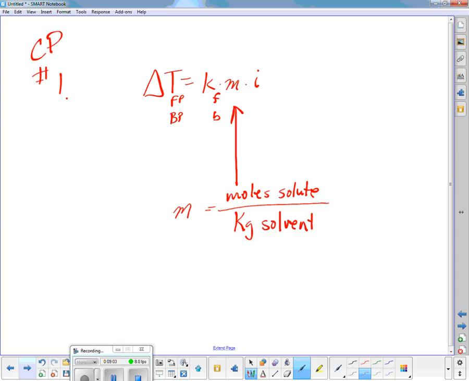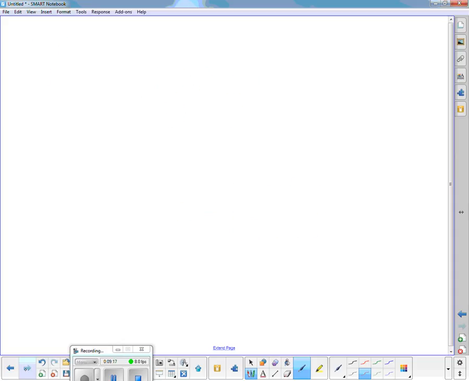Anything else you want to go over? Five and 6 is just plugging in. Yeah, we can do one. Which one do you want to do? 6? Okay, read number 6 to me. What is the change in freezing point of water of a 0.78 molal solution of NaCl in water?